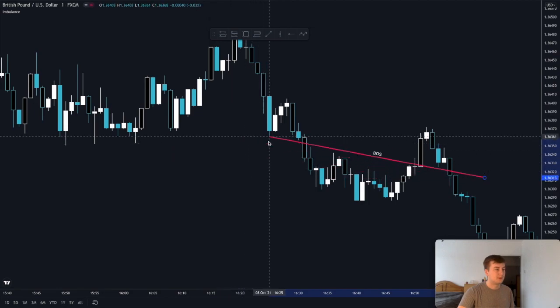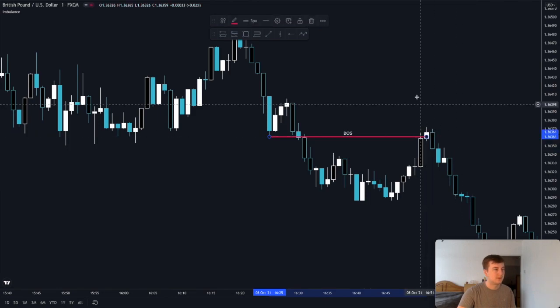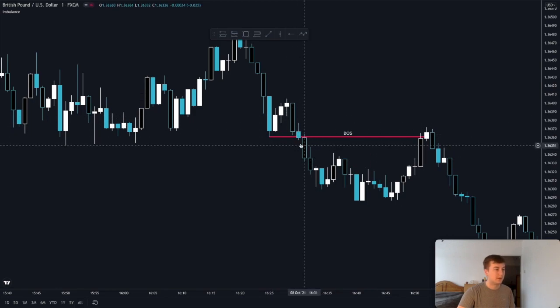When you see the last break of structure, like so, this is a good indication that the imbalance that is going to be chosen will lie within this leg that broke that last break of structure, if that makes sense.